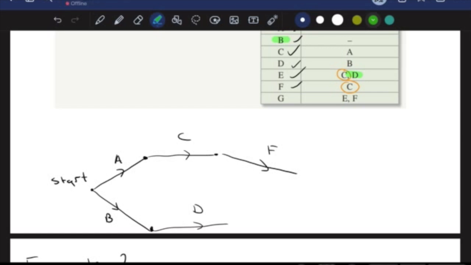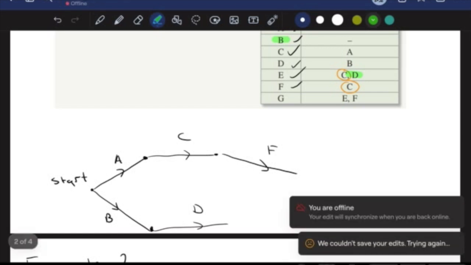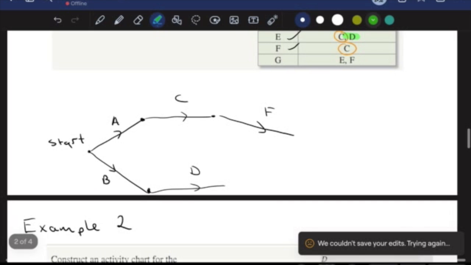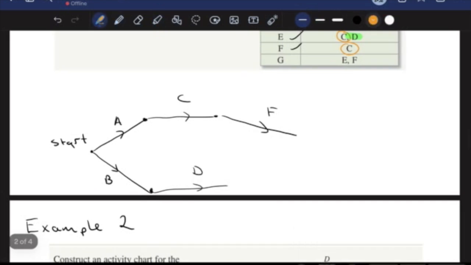So if we wanted to try to draw this, it would look really weird, because we're basically asking ourselves, well, from, let's just close this up. Somehow, this activity of E, where I draw it, has to connect from, it has D as an immediate predecessor, so I could draw it somewhere here, but I can't do it like this, because how am I going to get from C?